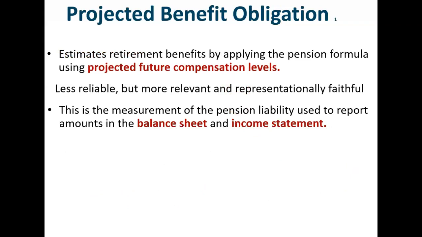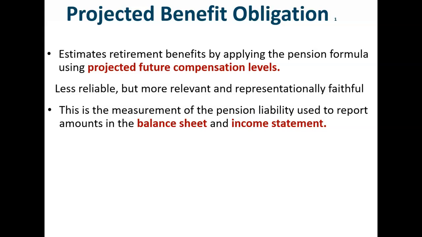Since it is unlikely that there will be no salary increases between now and retirement, a more meaningful measurement should include a projection of what the salary might be at retirement. Measured this way, the liability is referred to as the projected benefit obligation, or PBO.